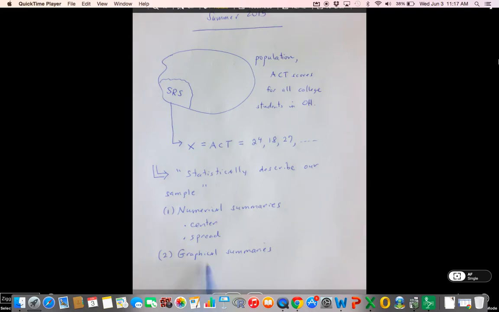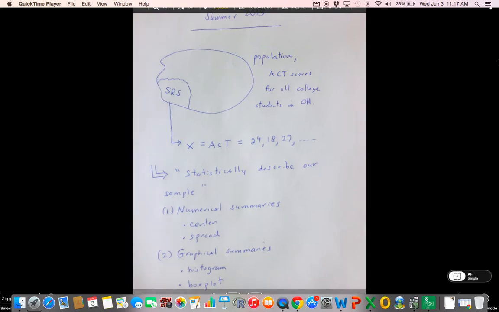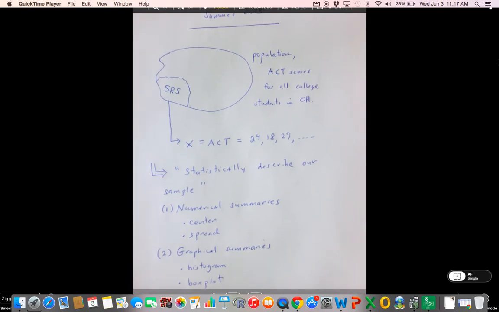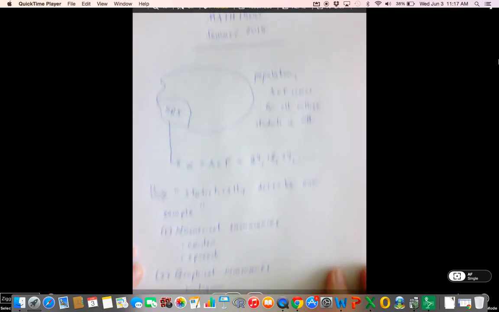So that's something that's to be learned later, and it's my responsibility to teach that to you. There's two things I want to look at today. I want to teach you probably far more than you ever cared to know about a histogram. And I want to teach you far more than you ever cared to know about a box plot. Okay? So that's kind of what's on the agenda.